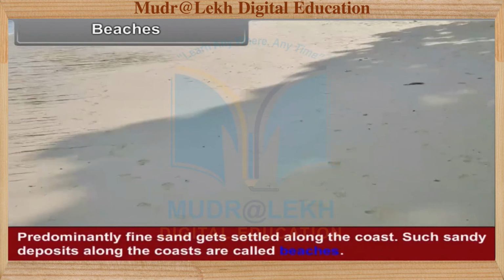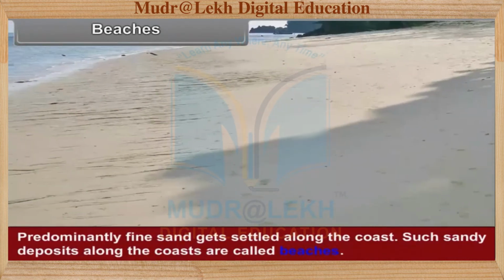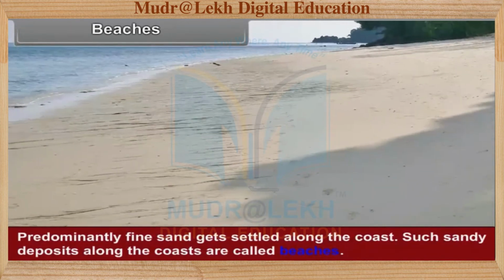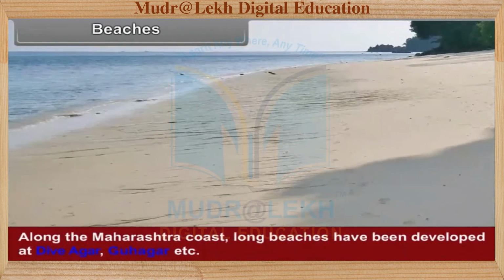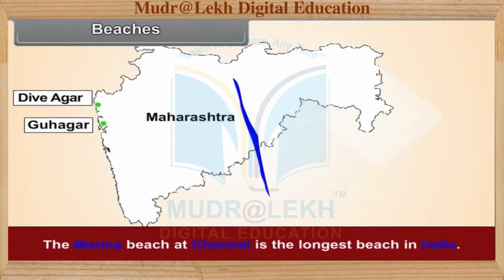Predominantly fine sand gets settled along the coast. Such sandy deposits along the coasts are called beaches. Along the Maharashtra coast, long beaches have been developed at Divegar, Guhagar, etc. The Marina Beach at Chennai is the longest beach in India.